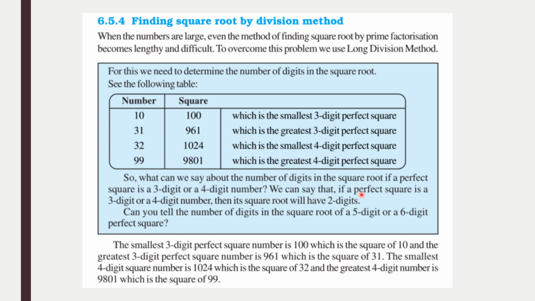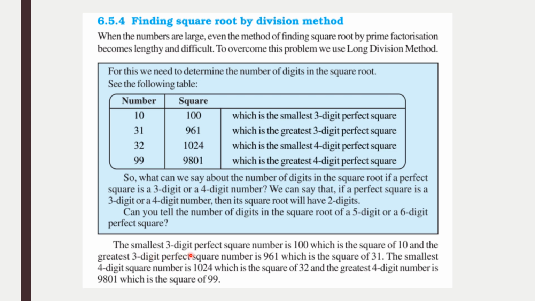We can say that if a perfect square is a 3-digit or a 4-digit number, then its square root will have 2 digits. Can you tell the number of digits in the square root of a 5-digit or 6-digit perfect square? Yes. If it is 5-digit or 6-digit, then its square root will have 3 digits.